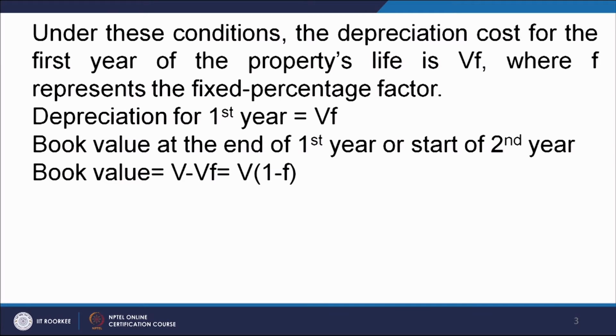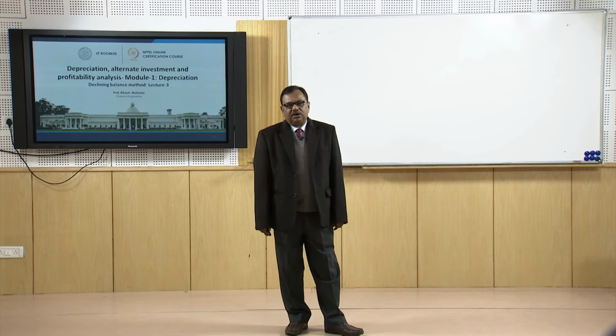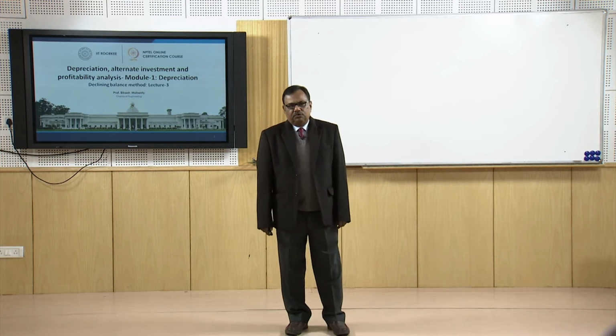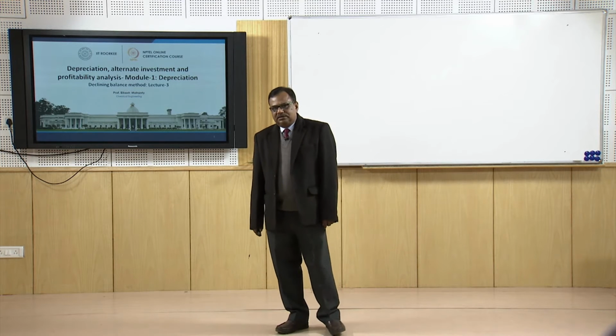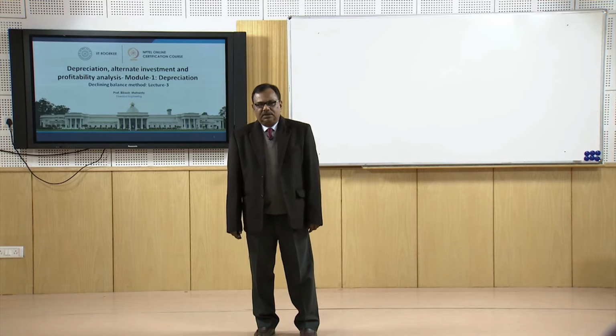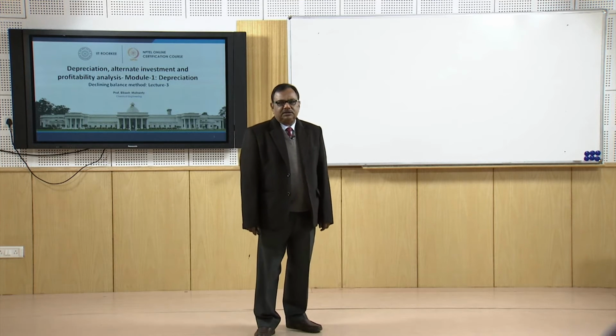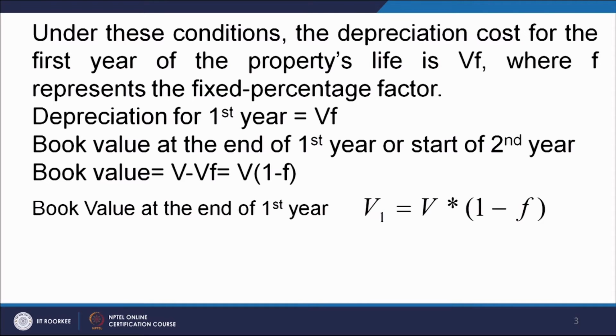So, the depreciation for the first year is V into F, and the book value at the end of the first year, or the start of the second year, is V minus V into F. If we take V common, this is V into (1 minus F).